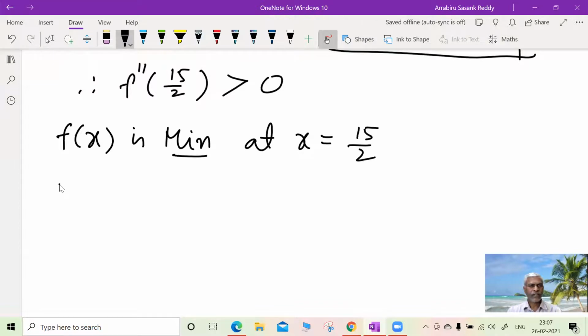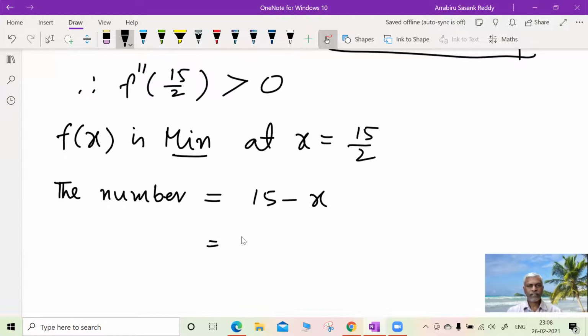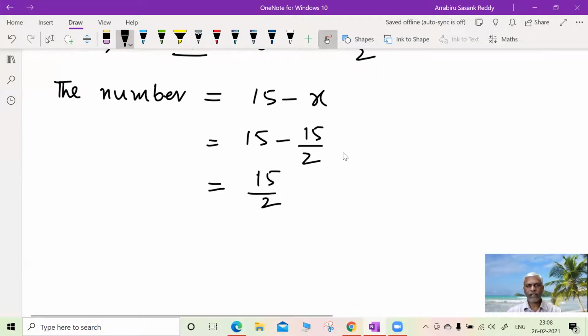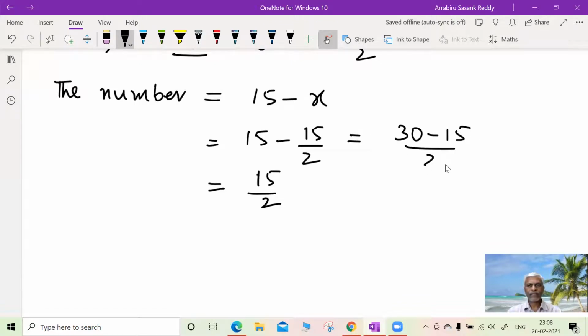Therefore, the other number is 15 minus x. So 15 minus 15 by 2, that is 30 minus 15 by 2, we get 15 by 2.